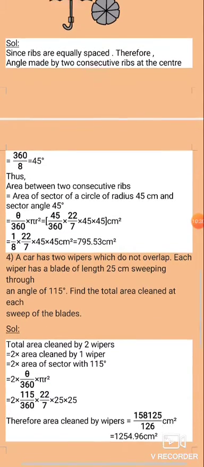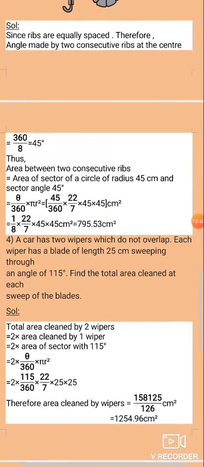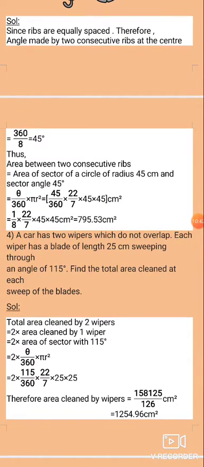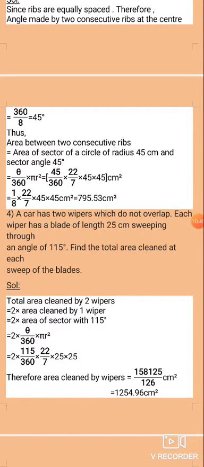Now the total area cleaned by the two wipers is equal to 2 into area cleaned by one wiper. That is equal to 2 into area of sector with 115 degree. That is 2 into theta by 360 into pi r square. Where theta is 115, so 115 by 360 into pi into 25 into 25. So listen carefully, you can write the answer in this fraction way.